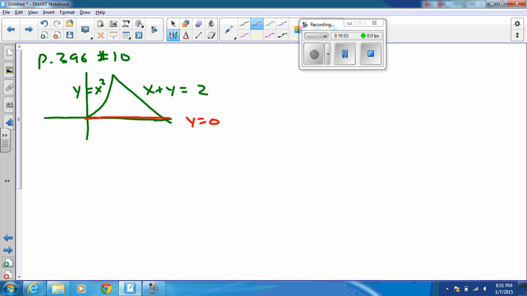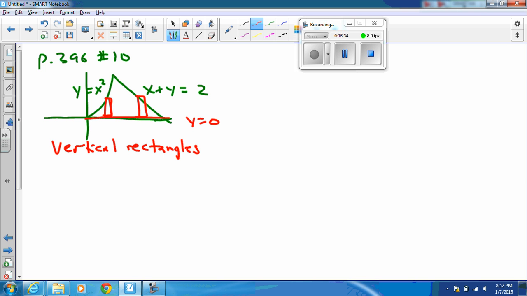So now the question is, if I wish to find the area of the region here, should I use horizontal rectangles or vertical rectangles? Let's consider the pros and cons of each. If I use vertical rectangles, then my representative rectangles run into a small problem.